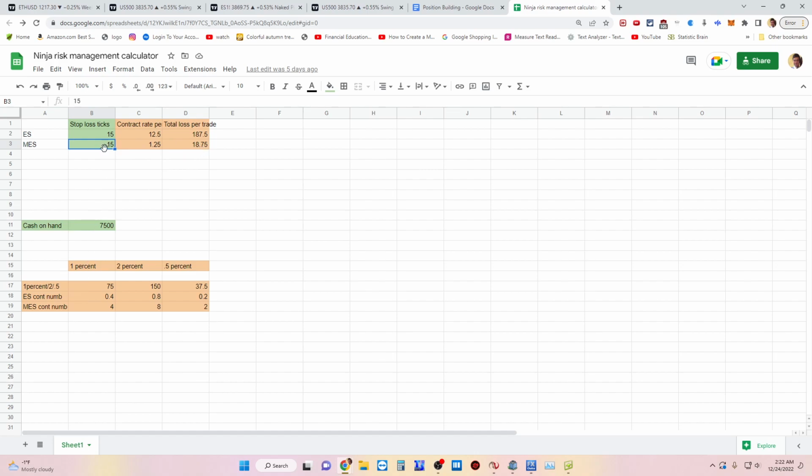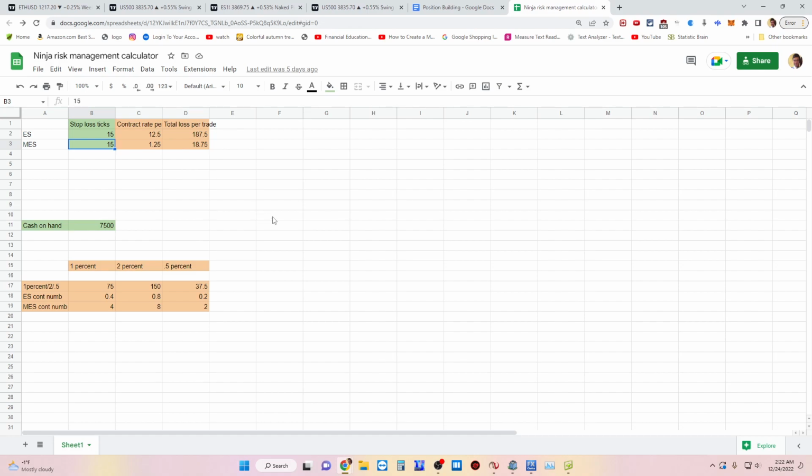So if my stop loss is 15 ticks, and I'm doing a micro, which is $1.25 per tick move, the total loss per trade in 15 ticks for one micro would be $18.75. So for 1%, I could do 4 micros with a 15 tick stop loss to equal 1% loss. And that's one trade. So that's something you need to know, because it really affects your drawdown for the day in terms of risk management.